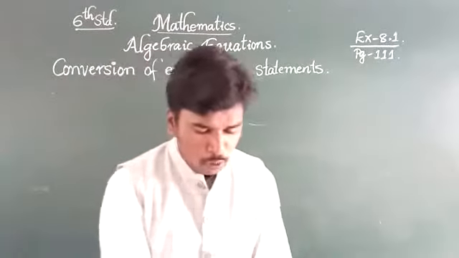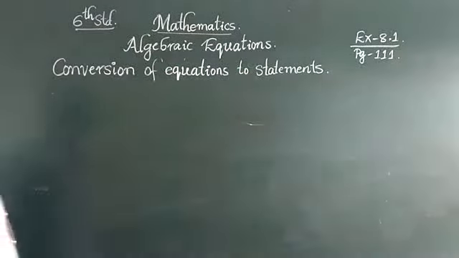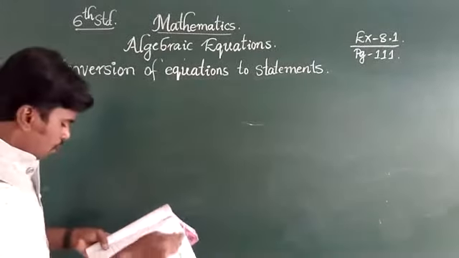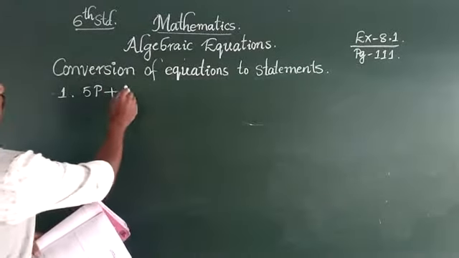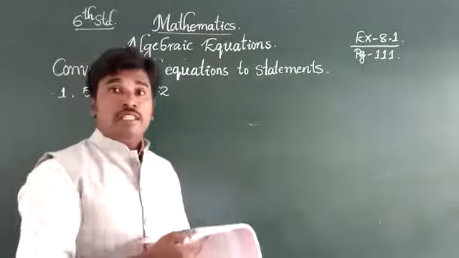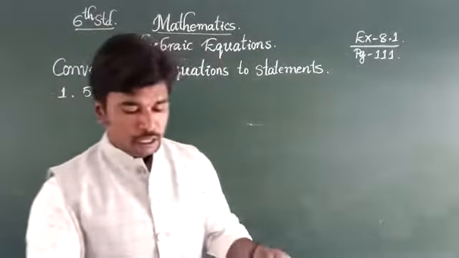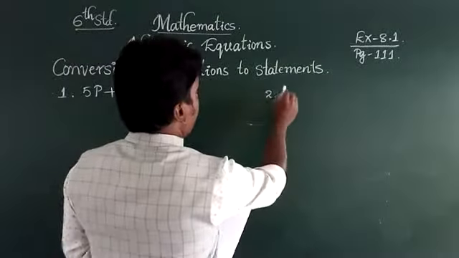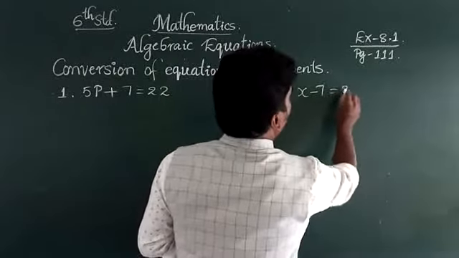So here I am going to take one equation, then I will tell which statements are possible. The first one is 5p plus 7 is equal to 22. This is one of the equations in exercise 8.1, and I would like to take one more. The second one is x minus 7 is equal to 25.